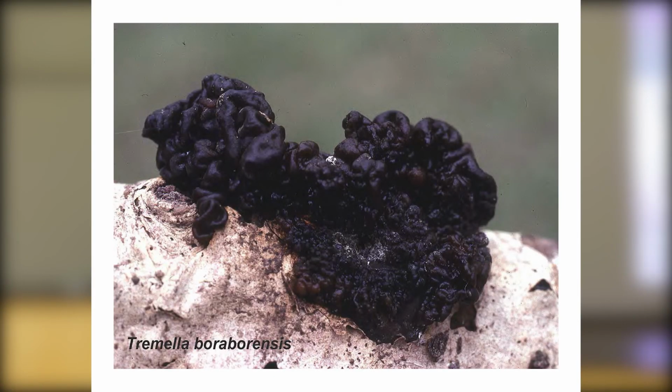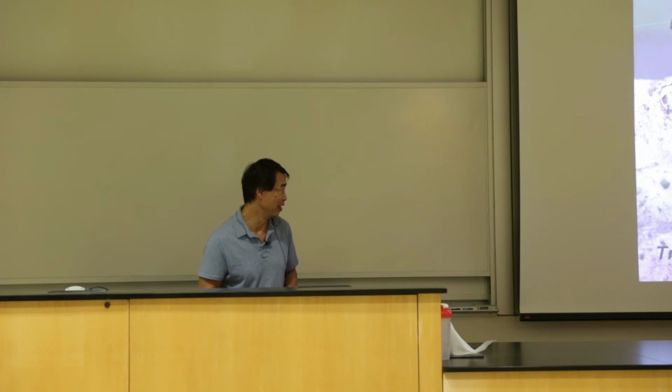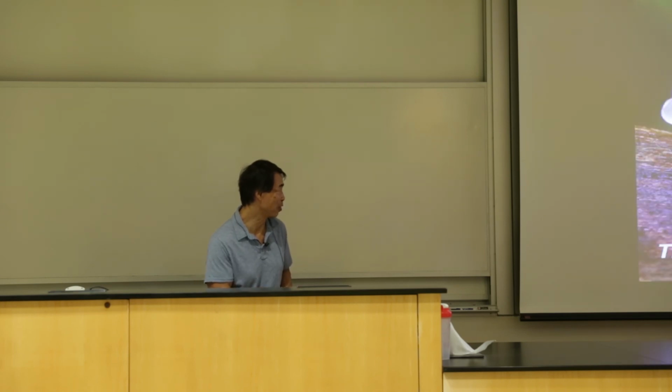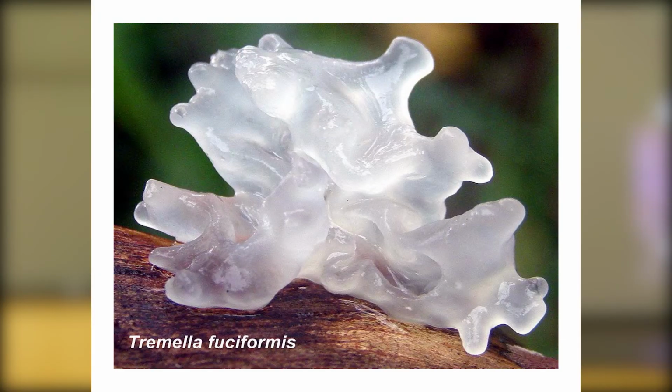Okay, now, one group that I worked a lot with are what are commonly called the jelly fungi. And it's called that because of the consistency of the fruiting body. This is Tremella fuciformis, probably one of the most common species here. You might think it's a wood rotter, but it's not. Actually, it's growing on the mycelium of a wood rotter, and it's actually a parasite on another fungus. Until that was discovered, this species right here was impossible to cultivate.